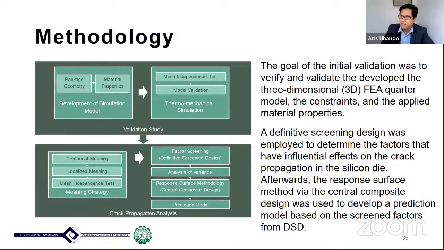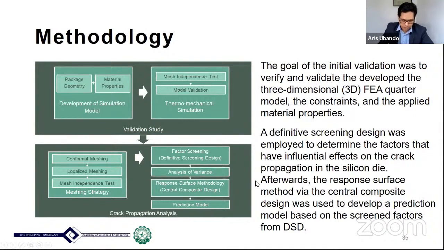Once we have identified the most significant factors, we then applied RSM or response surface method through a central composite design to see a more comprehensive behavior of the crack propagation considering the most significant factors. Then we do a prediction model out of the RSM results.